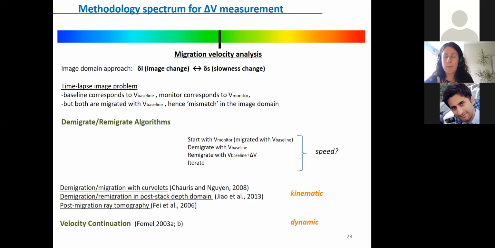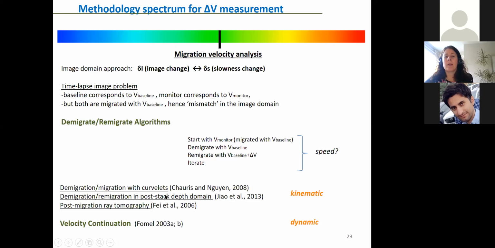And this is a perfectly sane approach, but the main issue with this is the speed. So recognizing that, there are all these methods developed essentially to speed up this process.